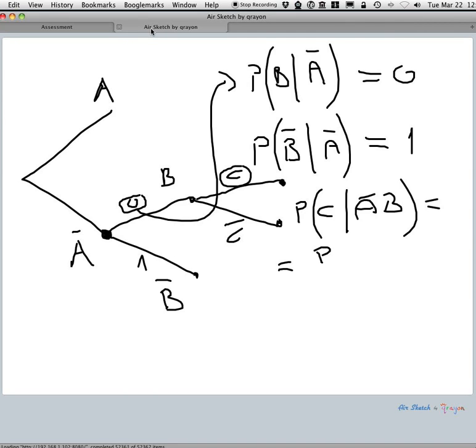This is the probability of the intersection of complement of A, B, and C over the probability of complement of A and B. Now, what's the problem?